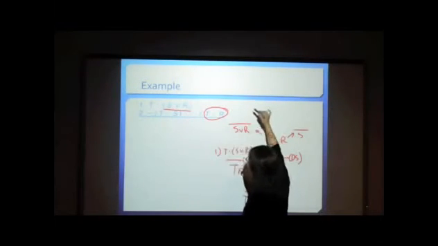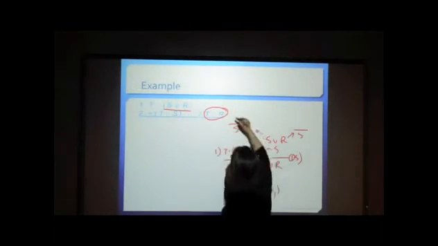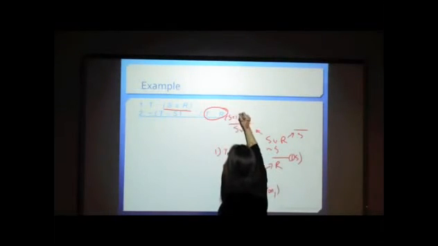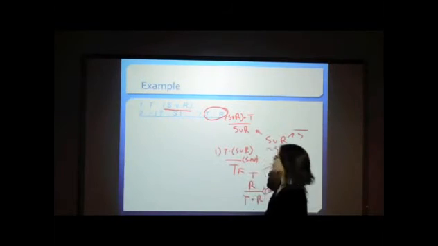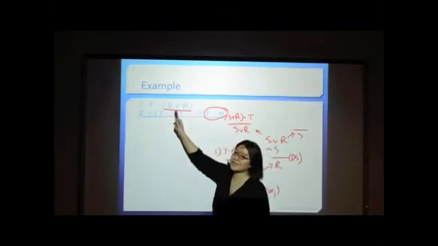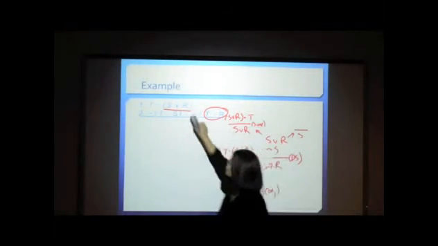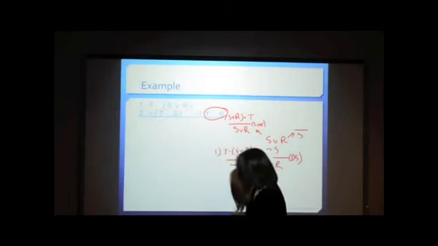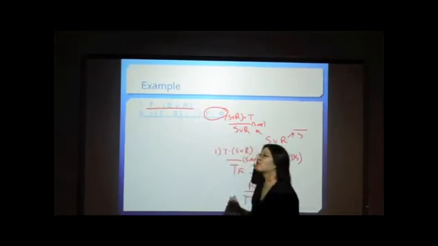So what I actually need in order to do simplification is S wedge R dot T, and I don't have S wedge R dot T as of yet.